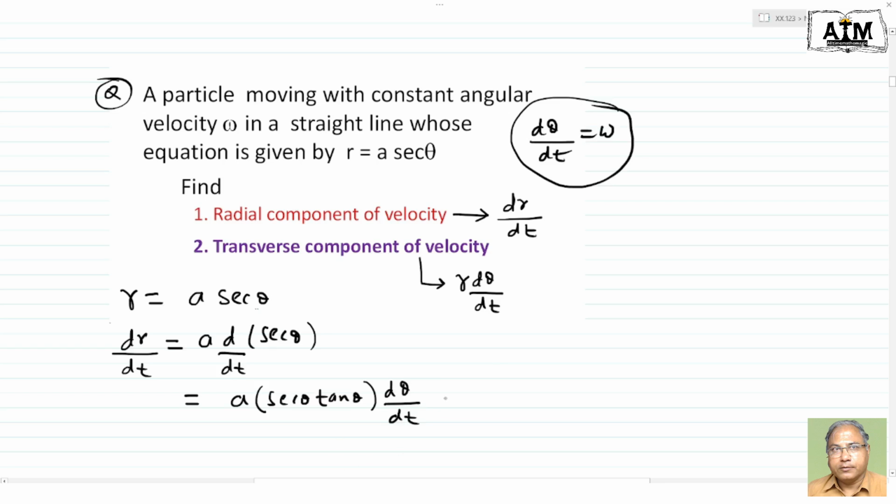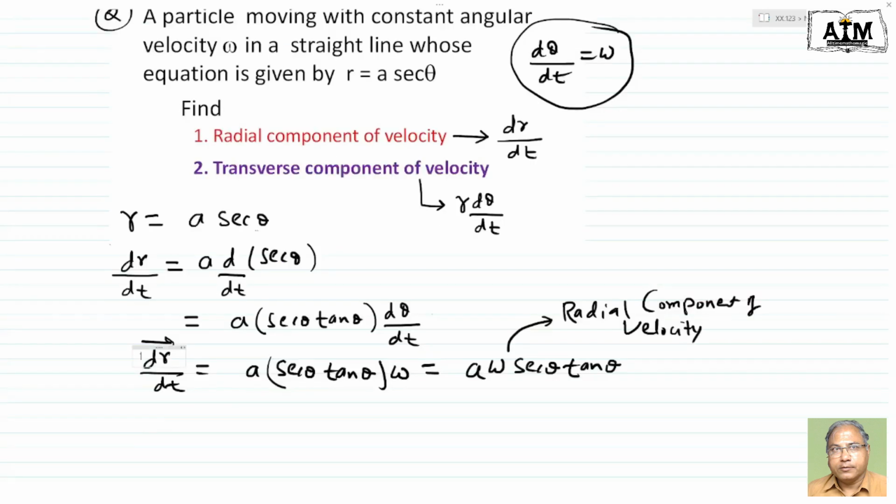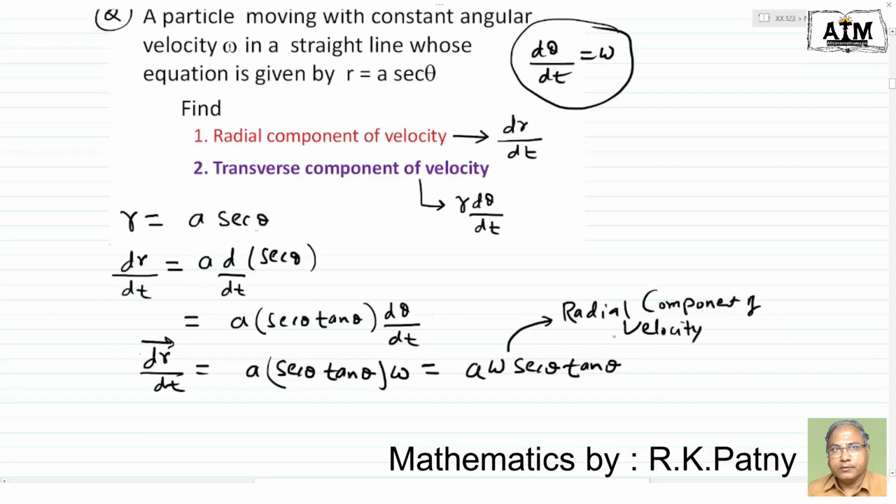Therefore, in place of d theta by dt, writing omega, dr by dt is a sec theta tan theta multiplied by omega, that is a omega sec theta tan theta. So the radial component of velocity equals a omega sec theta tan theta.